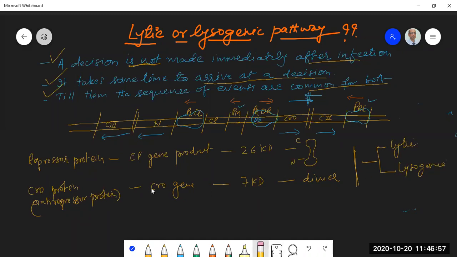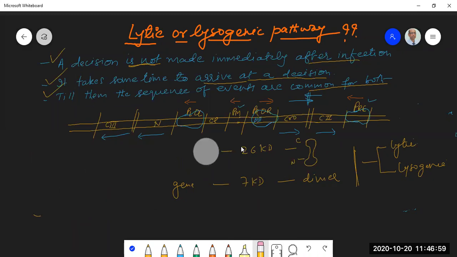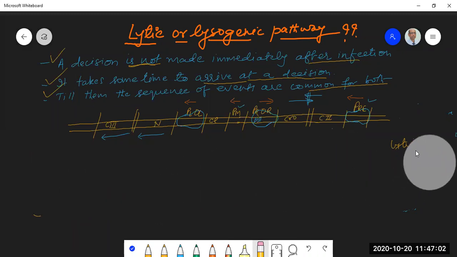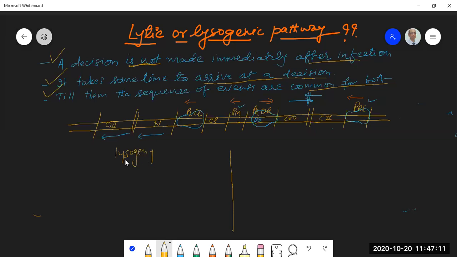And how did we understand that particular thing? So I told you yesterday, for lysogeny, if this is the seesaw, if repressor protein has an upper hand compared to CRO, then lysogenic pathway will be followed.